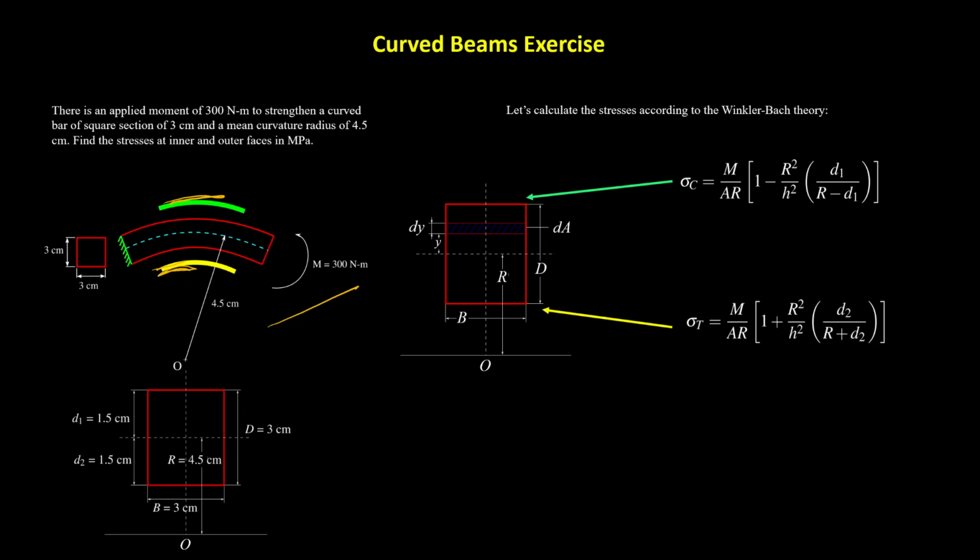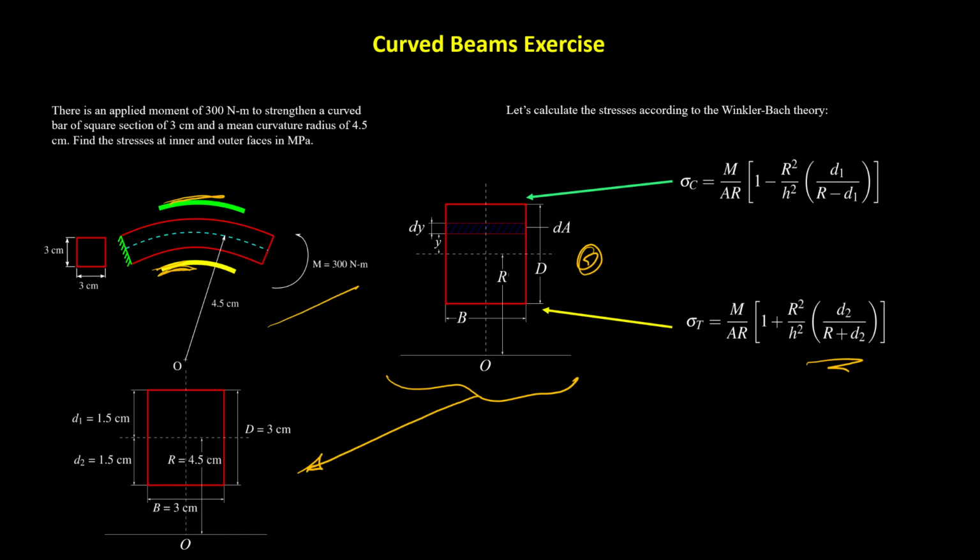When I take the parameters needed to employ my formulas in my real case, I find that obviously D and B are 3 centimeters, the radius of curvature is 4.5 centimeters, and there are two new magnitudes that are not mentioned in this representation here.